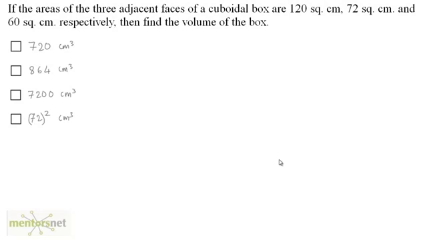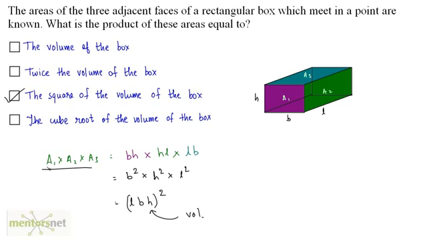If the areas of the three adjacent faces of a cuboidal box are 120 square centimeter, 72 square centimeter and 60 square centimeter respectively, then find the volume of the box. Well, in the previous question we saw that the product of the areas of adjacent sides is equal to the square of the volume, right?